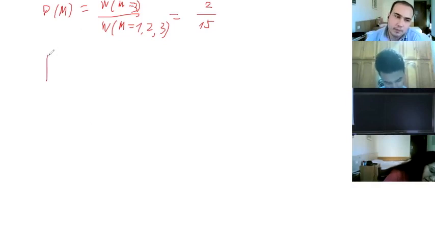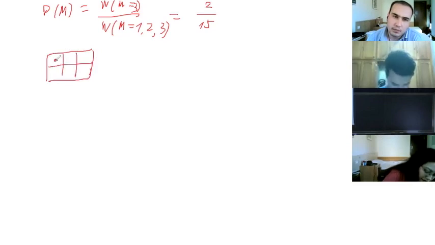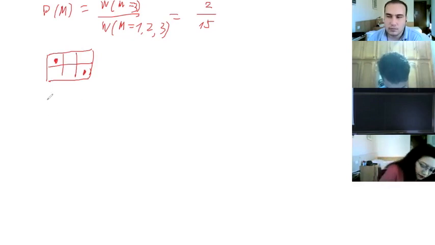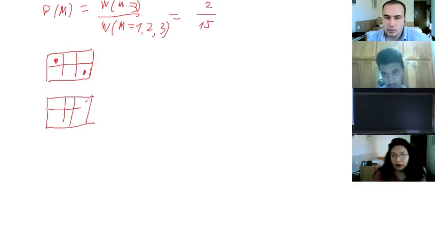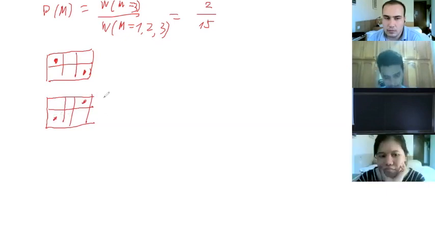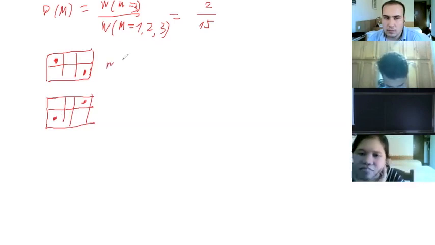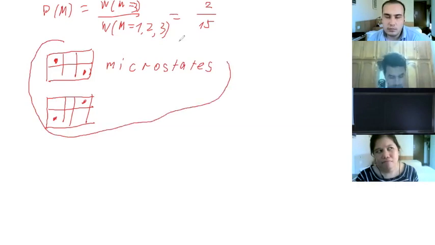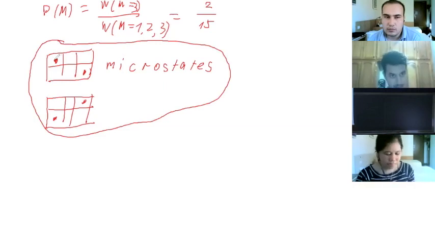Okay, so a microstate is any given configuration. When a particle is here, and here, it's one microstate. There is only one such state that you can find in this system. But then I can consider another microstate where the particle is here and here. Those are microstates. Then I told you that you don't know the particular microstate, but I would tell you the Manhattan distance, and you can see that the distance between these particles is equal to 2, and the distance between these particles also equals 2.